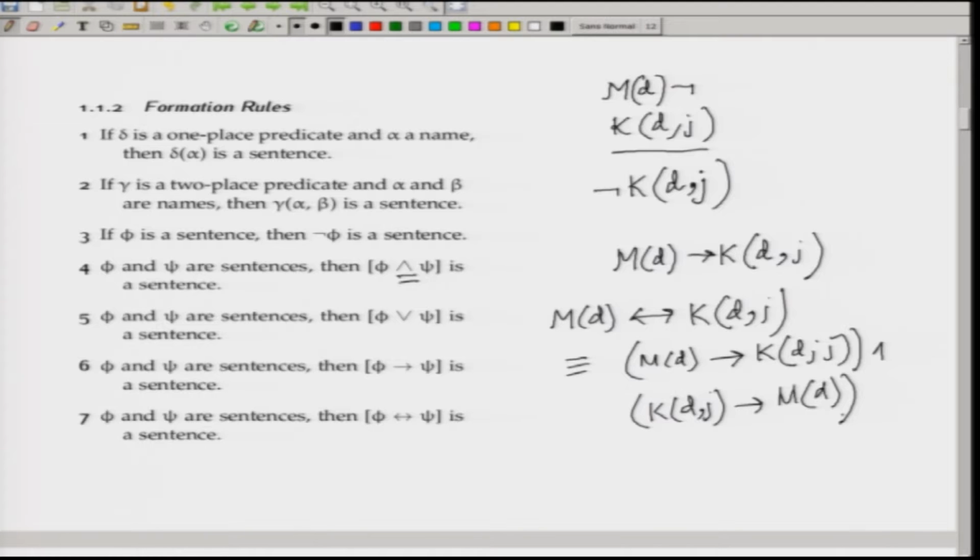So this is how we understand these sentences, and then we will see the semantics of each and every sentence. We now know the syntax.